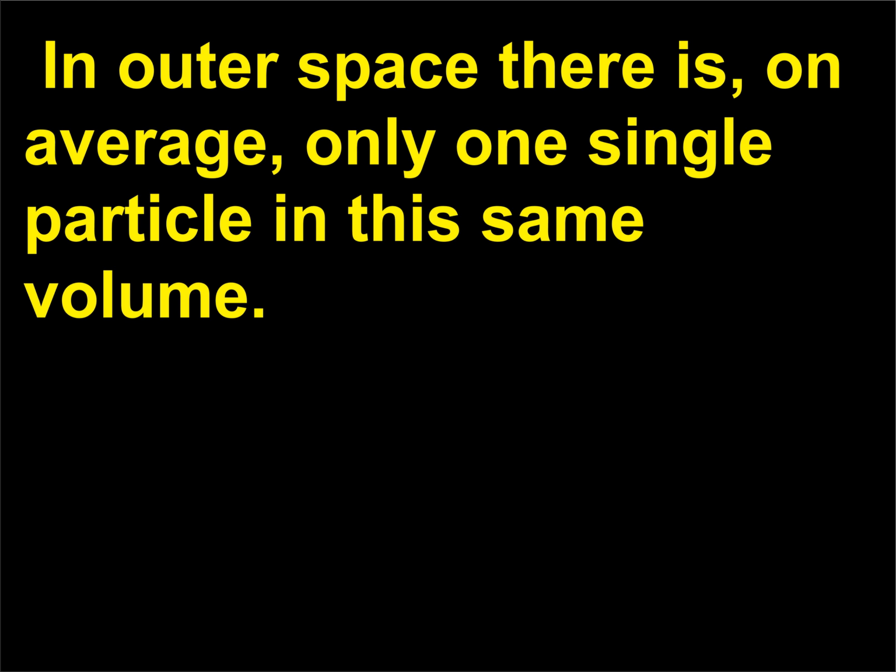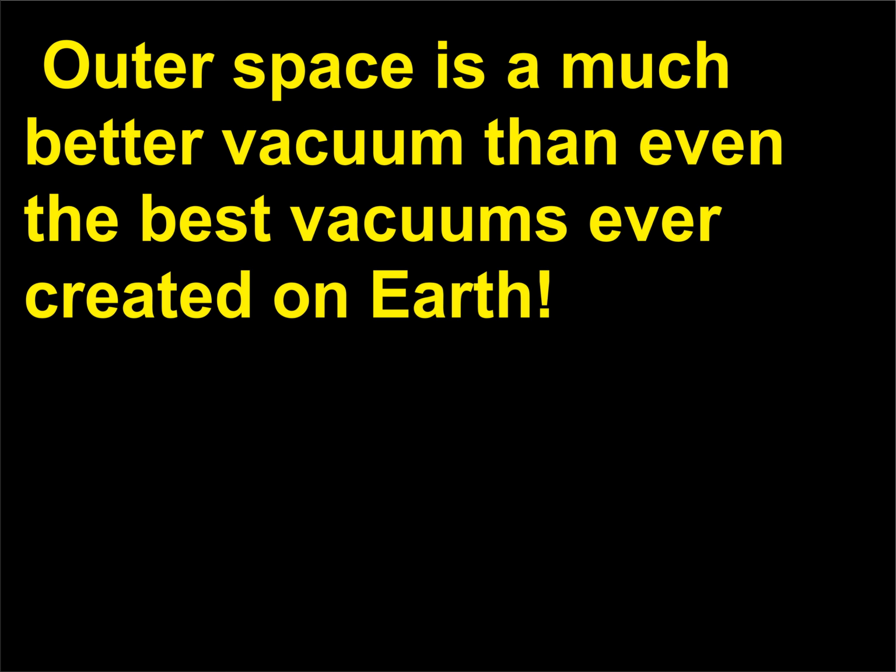In outer space there is, on average, only one single particle in this same volume. Outer space is a much better vacuum than even the best vacuums ever created on Earth.